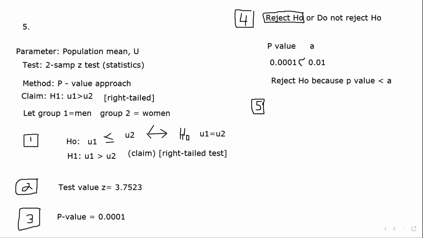So we can say that there is enough evidence to support the claim.